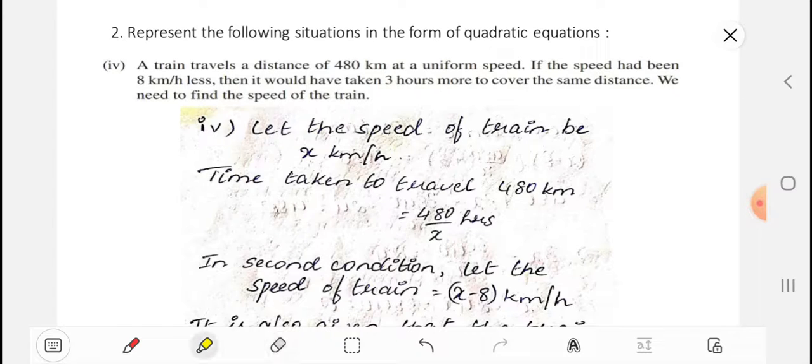Let the speed of the train be x kilometers per hour. The time taken by the train to travel 480 kilometers will be 480 divided by x hours.